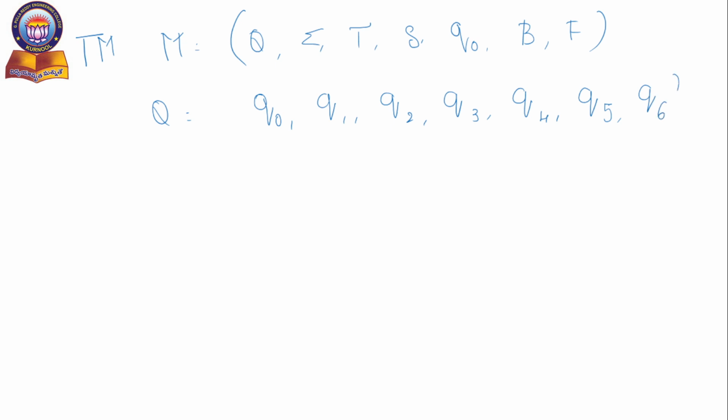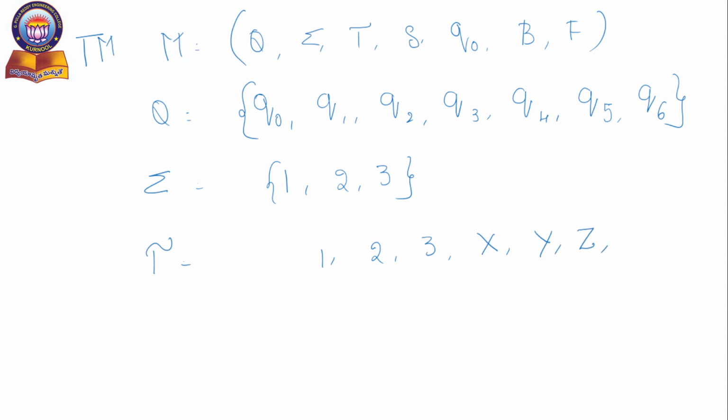Totally 7 states are required for this logic. So 7 states are there in the Q. Sigma for this one is 1, 2, 3. Tau is 1, 2, 3, X, Y, Z. Why? Because we are using the symbols X, Y, Z to replace the 1, 2, 3. Also the blank symbol. So this is the tau for this machine.